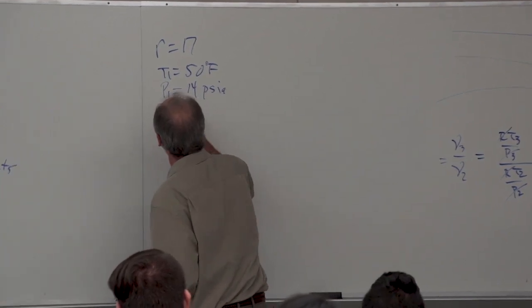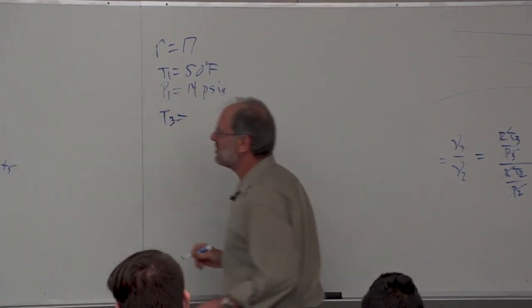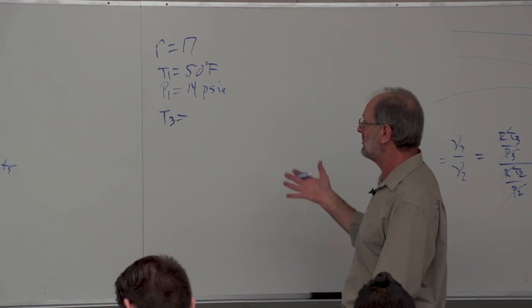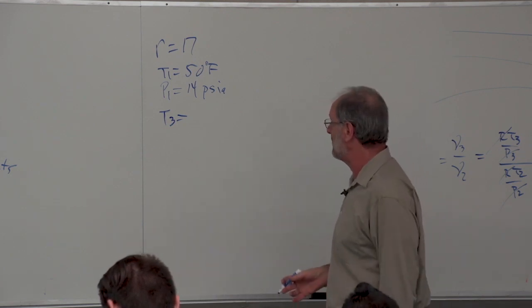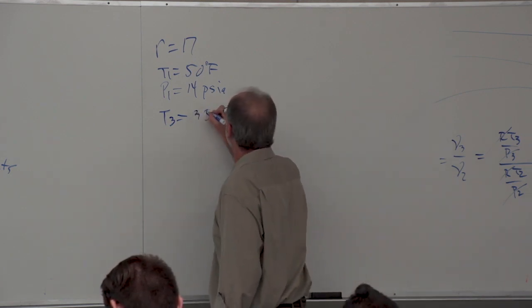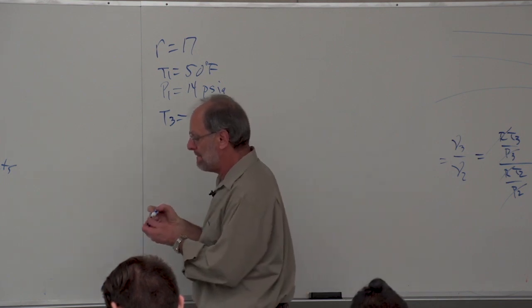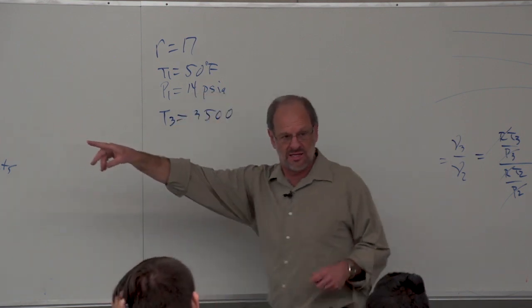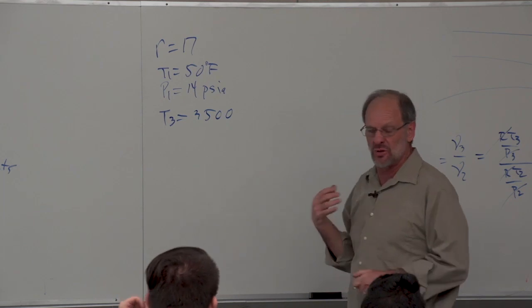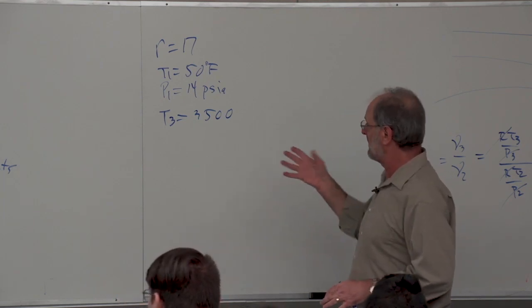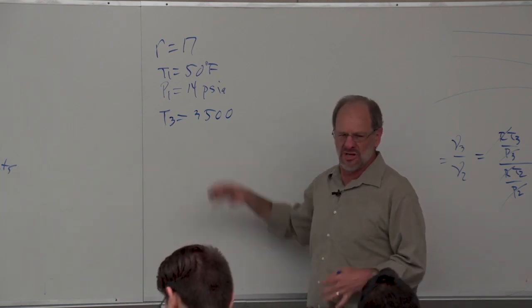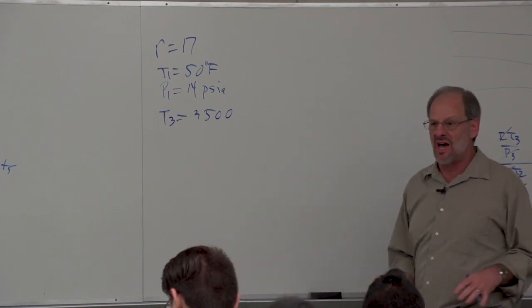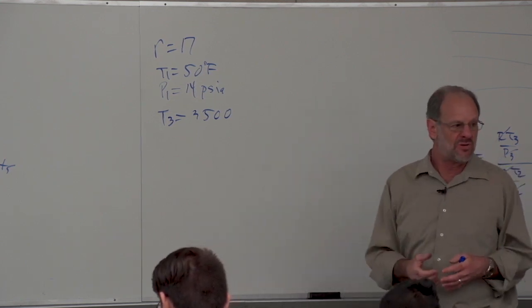And we're also told that the maximum cycle temperature is 3,500. So 3,500 is T3. Now, that's not a TS diagram, so it may not be intuitively obvious that I've given you temperature at point 3, but it should make sense. I mean, the temperature is going to be highest when all of our heat input is finished, right?